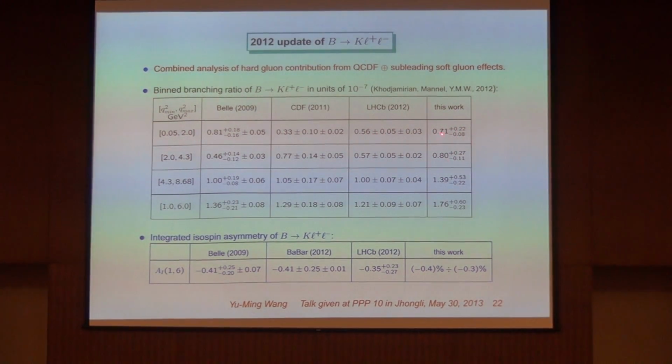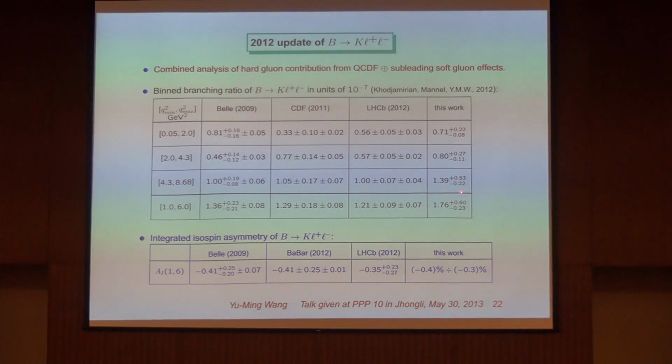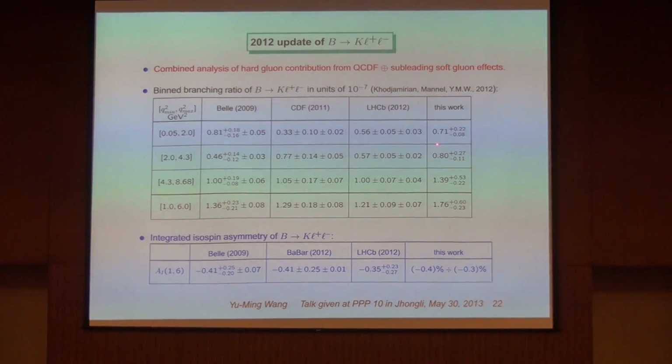However, if you just naively focus on the central values, generally speaking the theoretical central value is higher than the experimental one, so you may wonder whether we overestimate these form factors of B to K. If this happens, you may ask whether this is also the case for B to pi, and in fact, if that really happens, it may help to resolve this Vub puzzle.